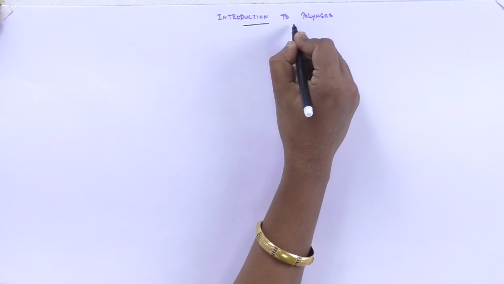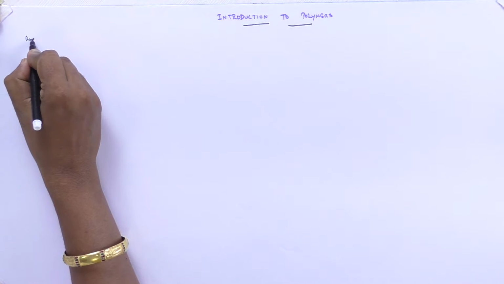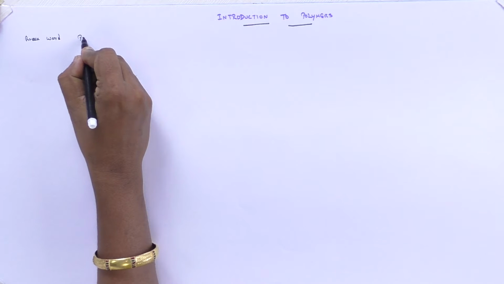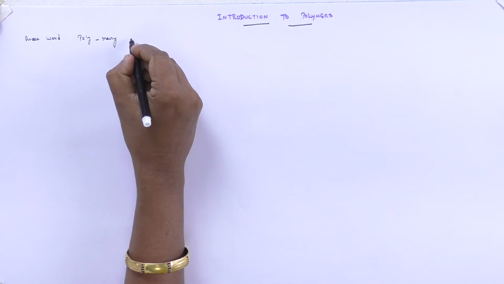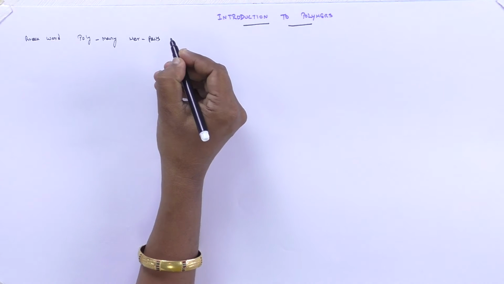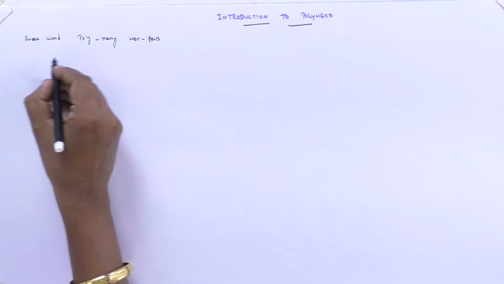Introduction to polymers. Polymers are derived from the Greek words poly, which means many, and mer, which means parts. So many parts combine to form polymers.